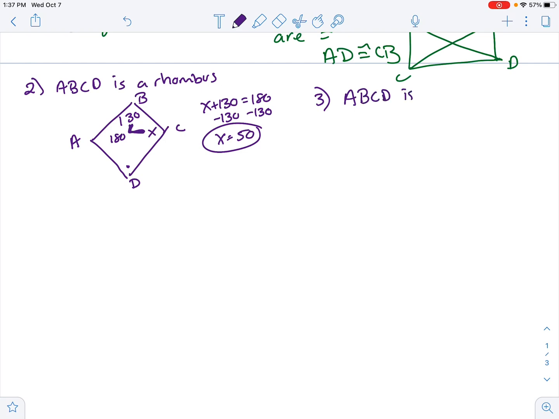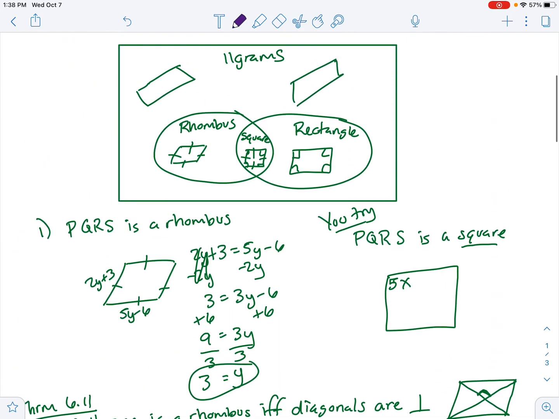Next one, I'm going to tell you ABCD is a rectangle. And then I'm going to give you this information down here. This is x plus 40. This is 2x minus 10. All right, so if this is a rectangle, I know in parallelograms the angles next to each other add to 180, so I could just add these to 180. But there's actually an easier way to solve. What do we know about rectangles?